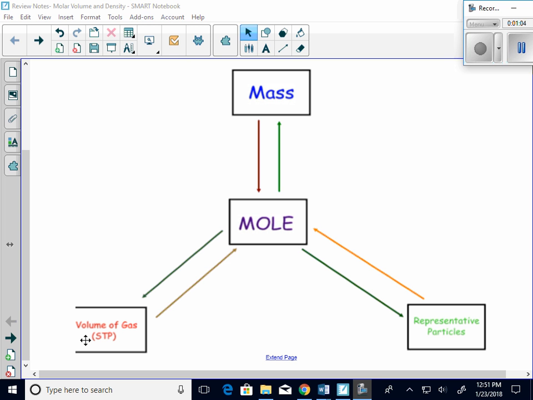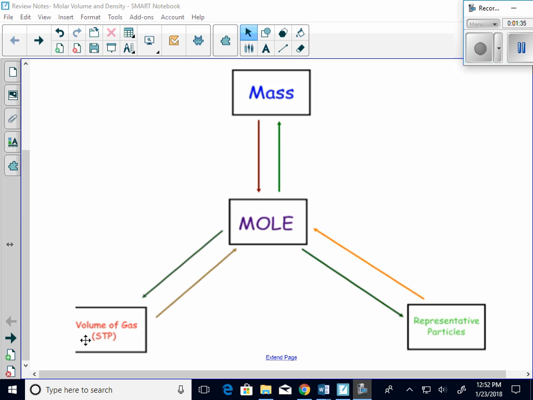The pressure has to be at 1 atmosphere, and we needed to have 0 degrees Celsius. That is what we call standard temperature and pressure. We abbreviate that STP.